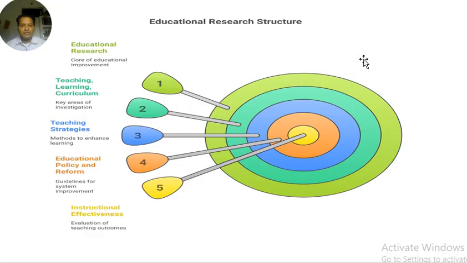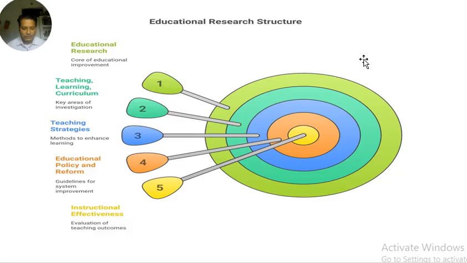While talking about the educational research structure, it's the type of social research that focuses on schools, teachers, students, and learning. It tries to understand how education works and how we can make it better. Researchers study different teaching methods, students' behavior, classroom environment, and learning outcomes.